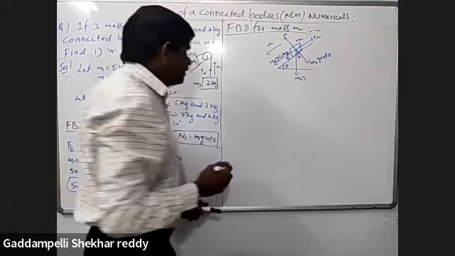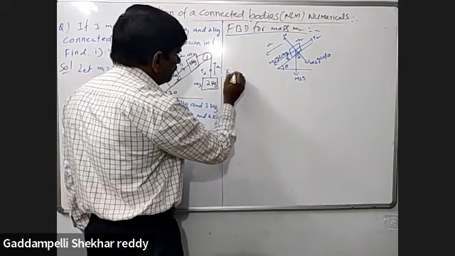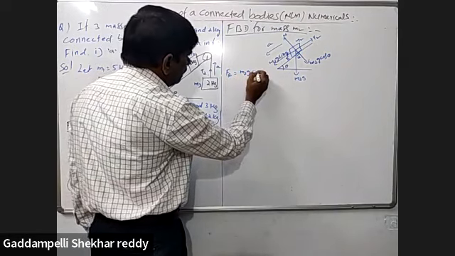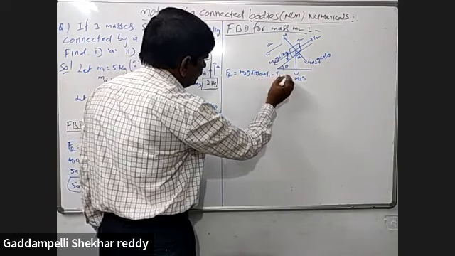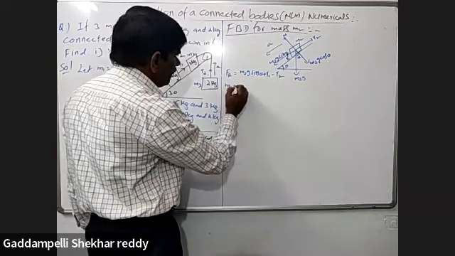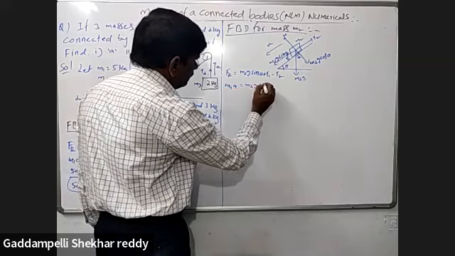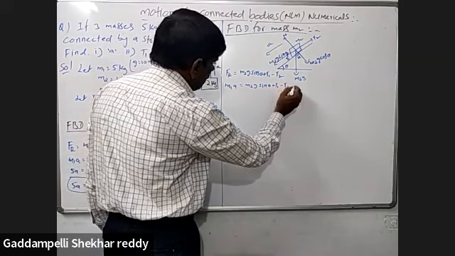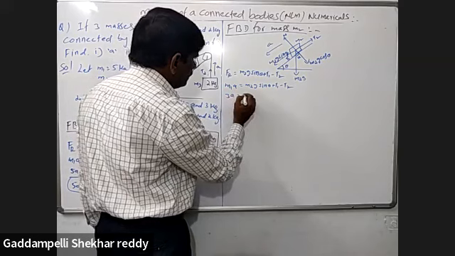Net force in the downward direction, so that will be here F is equal to M2G sin theta plus T1 minus T2. This we have to write as M2A, that is M2G sin theta plus T1 minus T2 equals 3A.